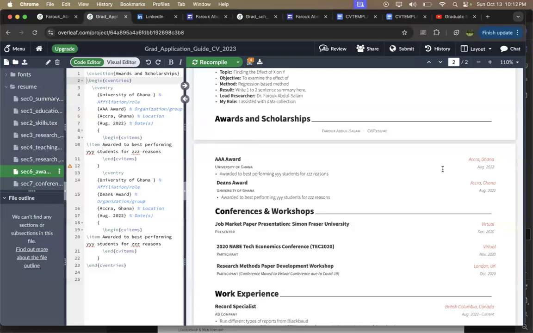However, you should clearly indicate that it is still under review and not yet published. So an example is you should indicate manuscript under review or submitted for publication.